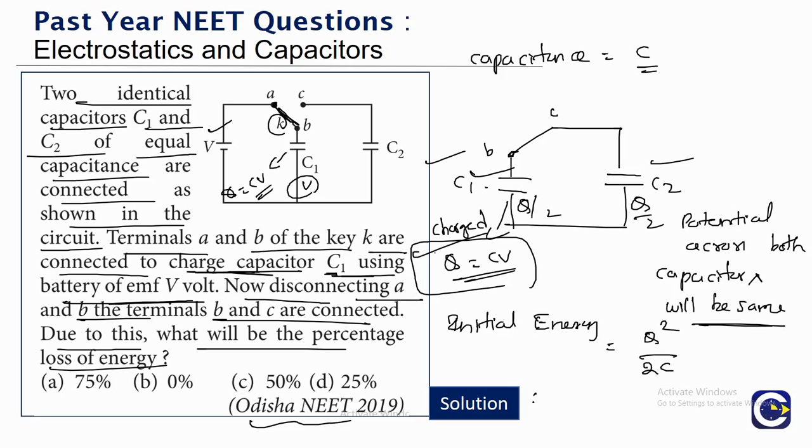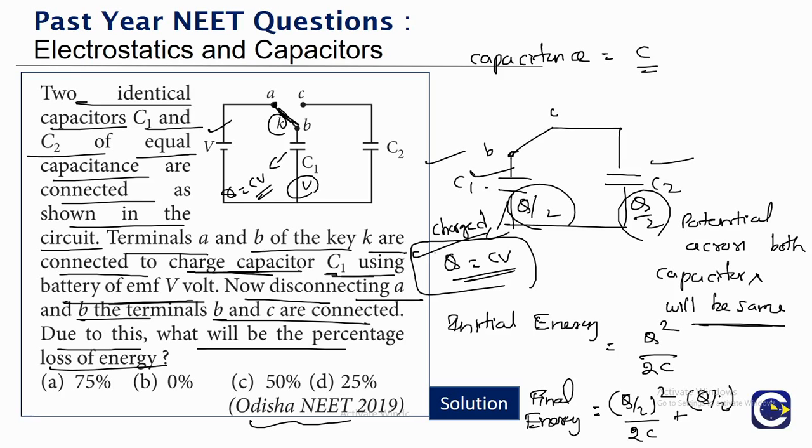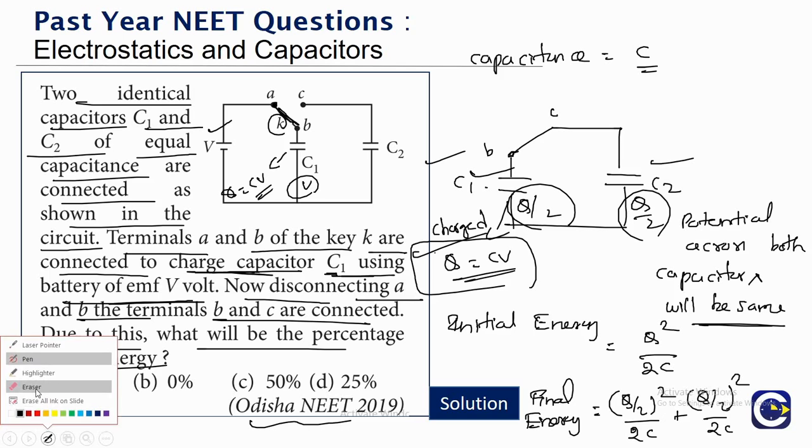Finally, both the capacitors have charge, each of them Q by 2, correct? So the energy on the first capacitor will be charge square by 2C, and the energy on the second capacitor is also charge square by 2C. So the final energy has Q by 2 whole square.